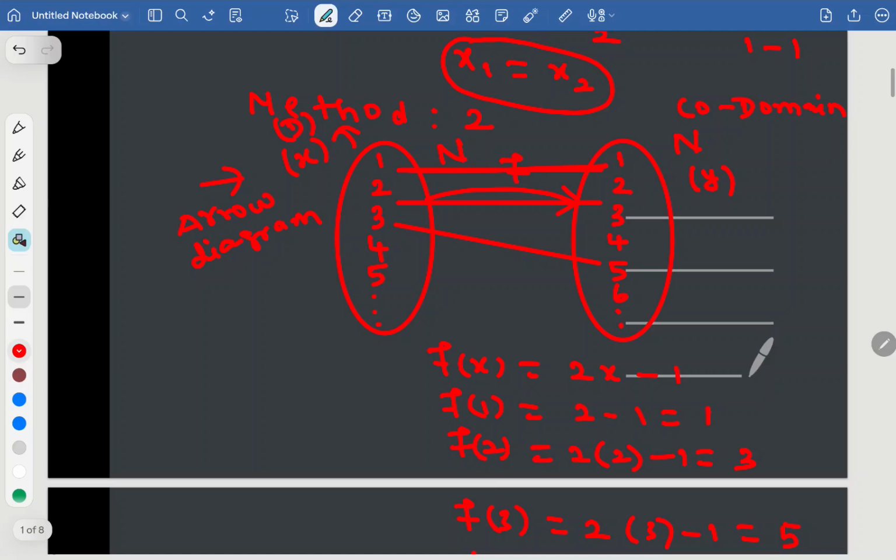See, different elements in domain N have different images in codomain N. Therefore, f is one-one.